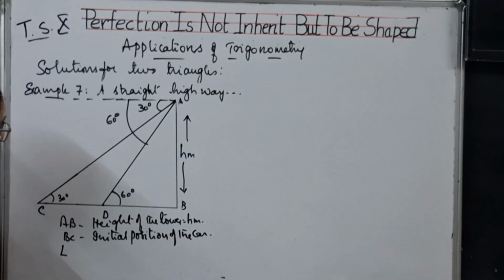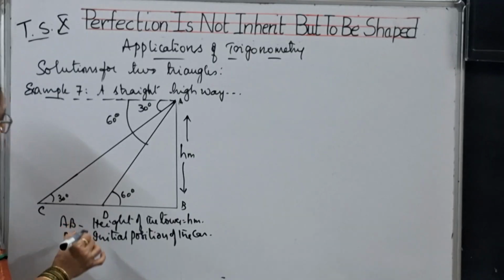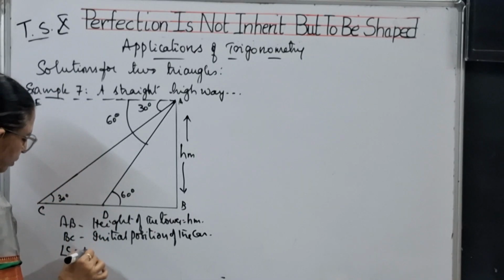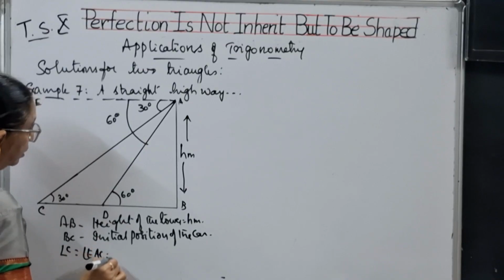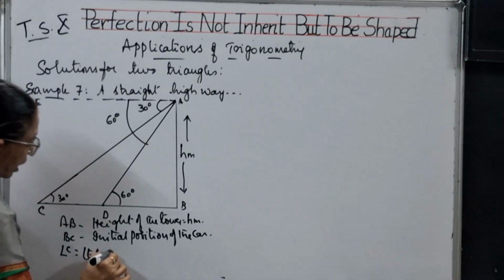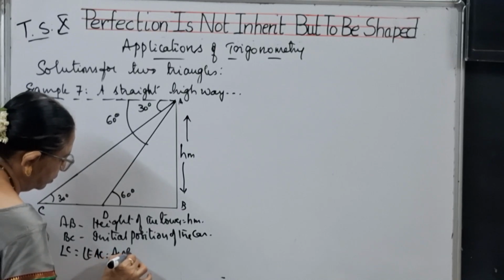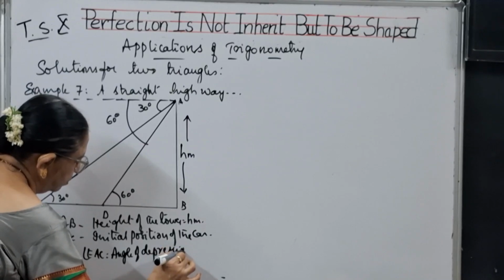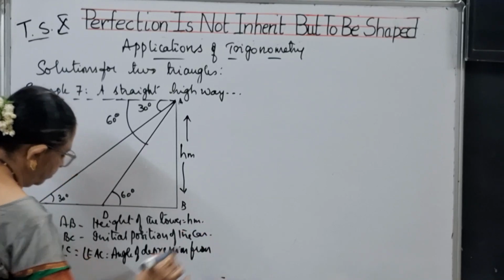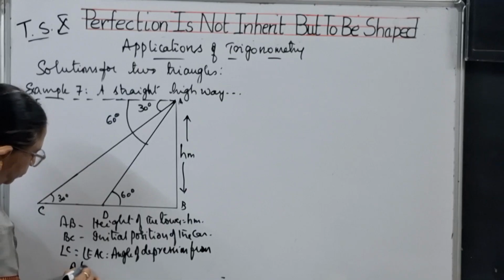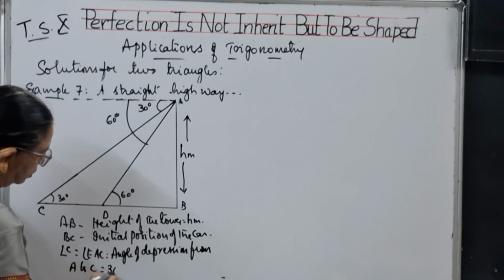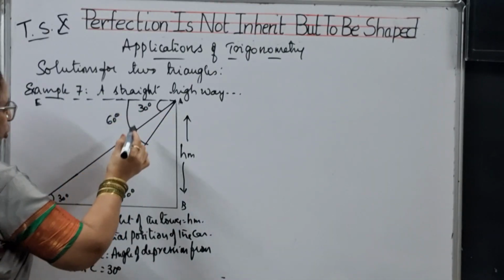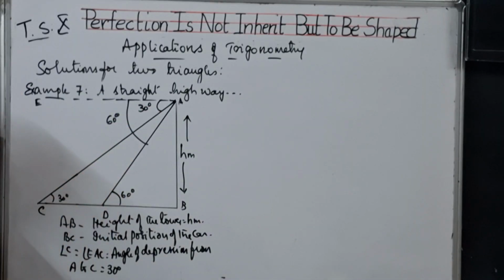Now angle EAC is equal to the angle of depression from A to C, that is equal to 30 degrees, because angle EAC will be equal to angle C. Why is it?